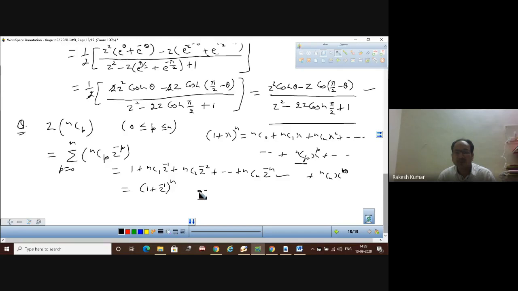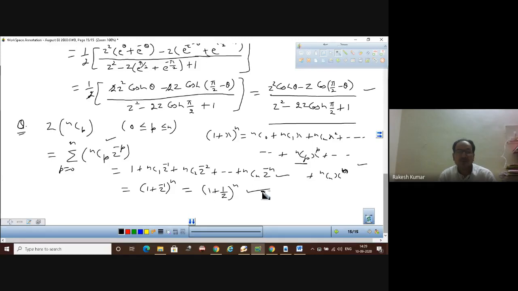This is the formula for positive coefficient n. But now p is for the negative power because we are using the z transformation. So in z transformation we have the formula, and this will come out to be like this. Further, if you want to write, it will be (1 plus 1 over z) raised to power n.